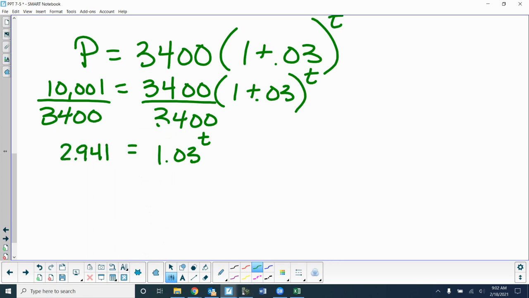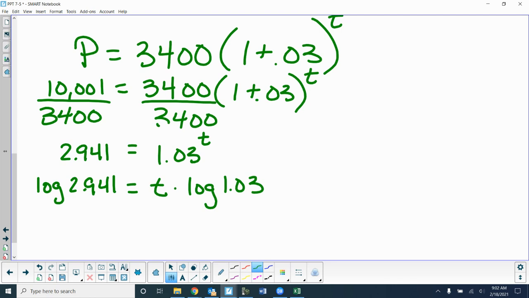All right, so what do I have to do to solve for T? How do we do those now? We just learned. Take the log of both sides, right? So this would be log of 2.941 equals T times the log of 1.03, right? I can move that T out front now, right?